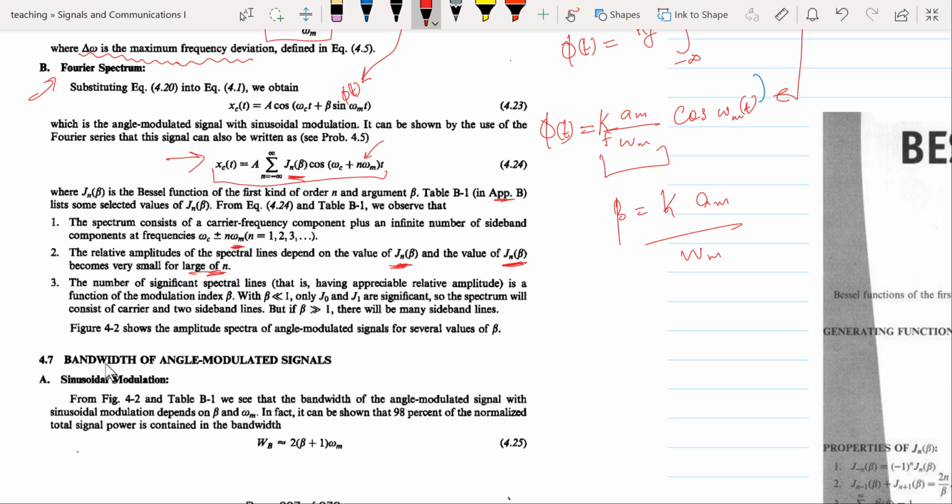And number three, the number of significant spectral lines, that is, those having appreciable relative amplitude, is a function of the modulation index beta. When beta is much less than 1, then only J_0 and J_1 are significant, so the spectrum will consist of a carrier and two sideband lines. And when beta is much bigger than 1, then there will be very many sideband lines.